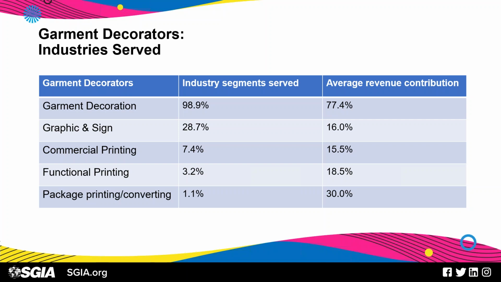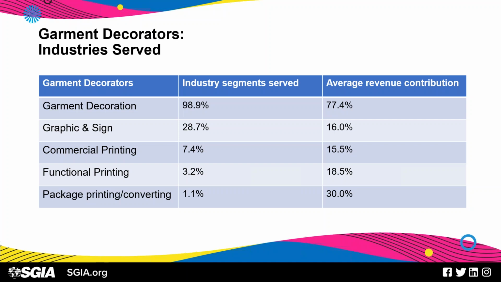Are they? 98.9% identified that they serve garment decoration segment. But please take a look. More than 1/4 of the companies also is serving graphic and sign segment. They are the minority, 7.4% serve commercial printing, only 3.2% serve functional, and 1% serve package printing and converting.